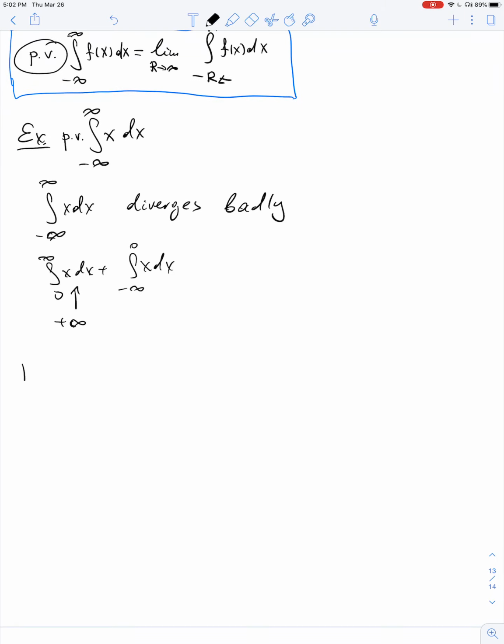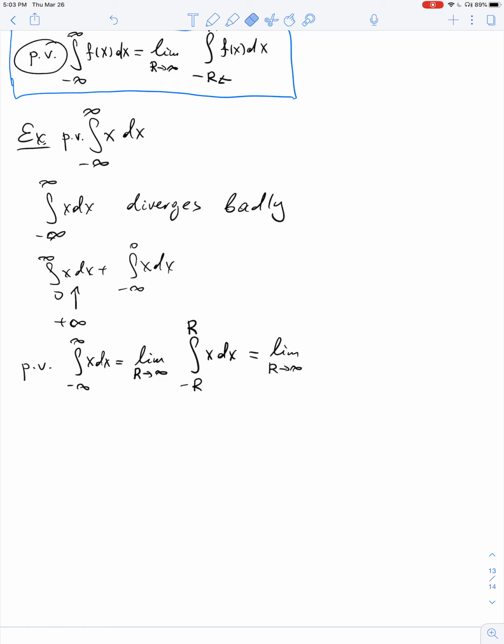So what happens with the principal value? For the principal value, and this will be very surprising and very anti-intuitive, we don't split. We treat these two problems together, and that's very important. So we write an integral from minus r to r, and then we send r to infinity. Now there is an antiderivative.